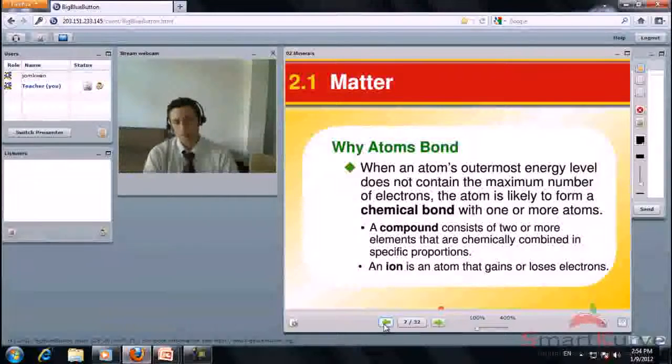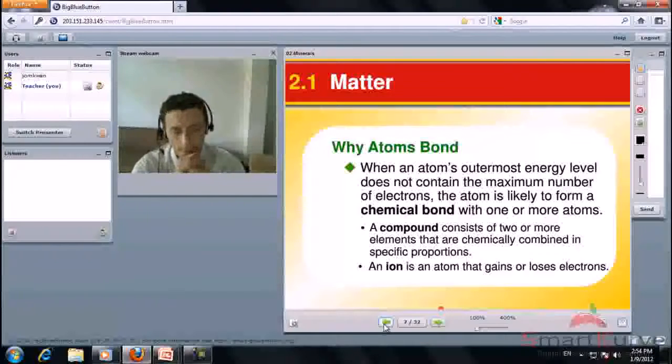I want to look at that last point there on slide 7. An ion is an atom that gains or loses electrons. This is quite common. Remember that the protons in the nucleus have a positive charge, and the electrons in the shells have a negative charge. So if an atom gains an electron, if it gets 1 more electron, it will have more electrons than protons, and so it will have more negative charges than positive charges.